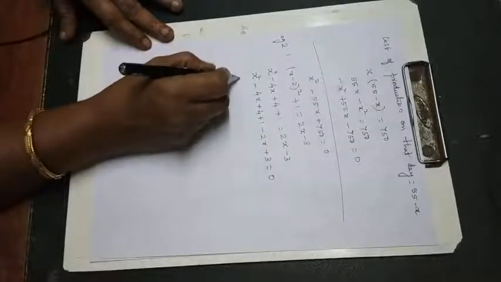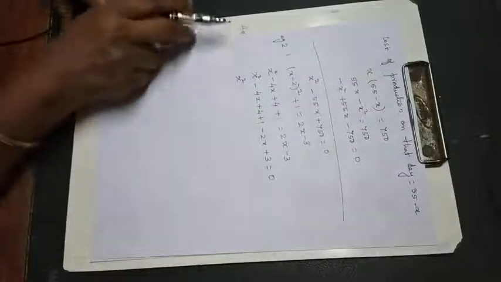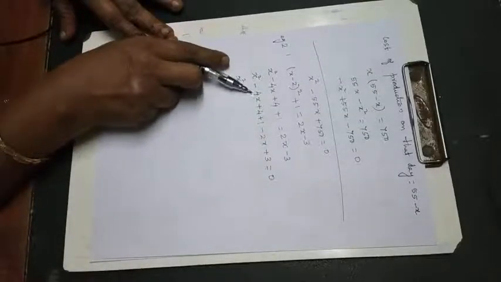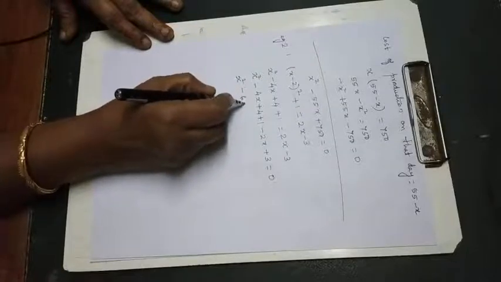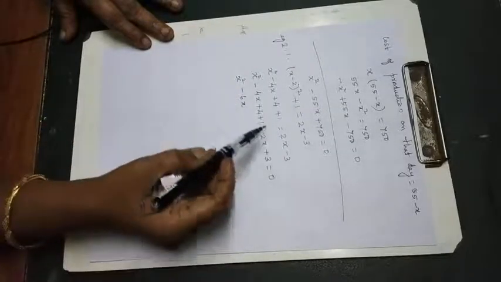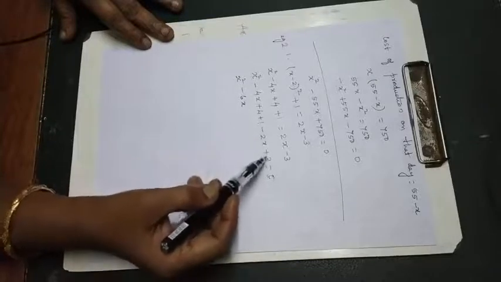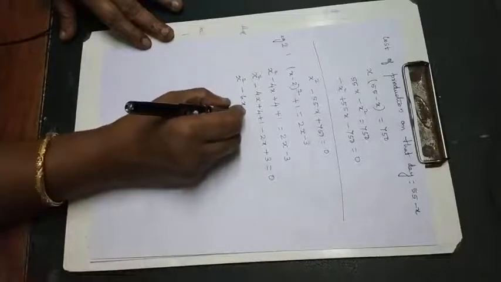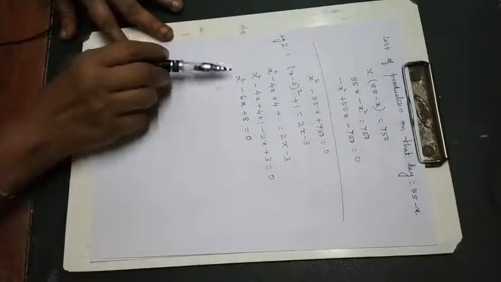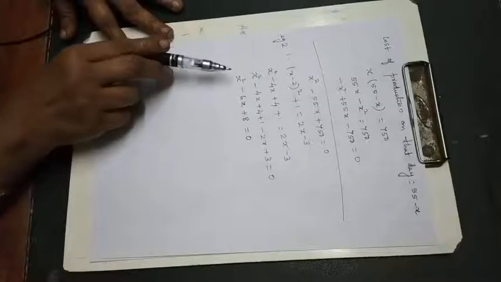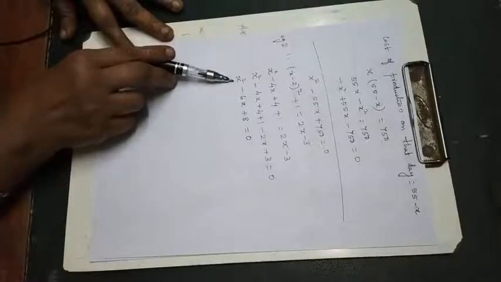Now x square, negative 4x negative 2x, so it will be added, so negative 6x, 4 plus 1 plus 3, 5 plus 3, 8, that is equal to 0. So now look at here, it is a quadratic equation.